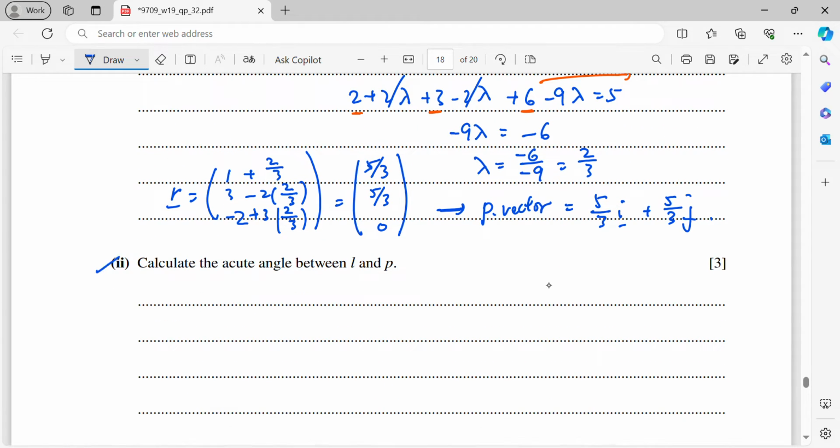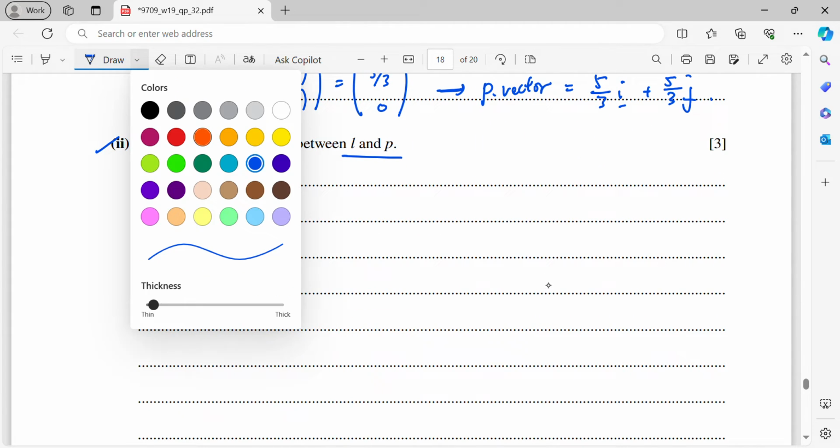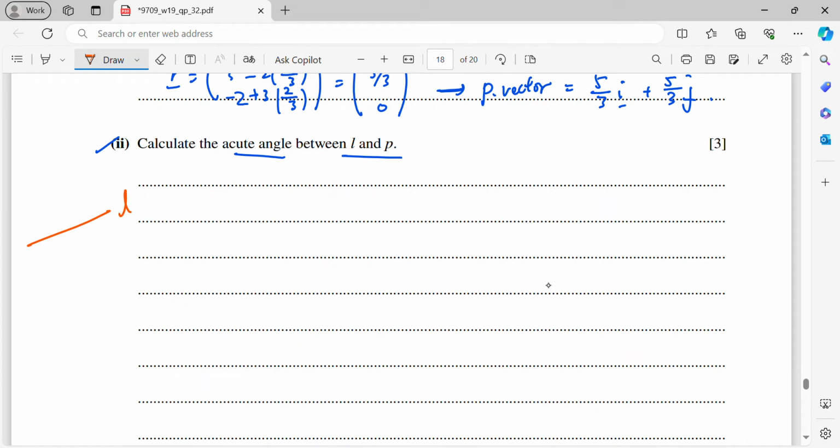Now, part 2, find the acute angle between L and P. Just for information, let's say this is L, and this is the plane P. So basically the angle between L and P is here. This is alpha. But then for the plane, we will have the n, because a plane is basically r dot n equals a dot n. Then for this line we have b.